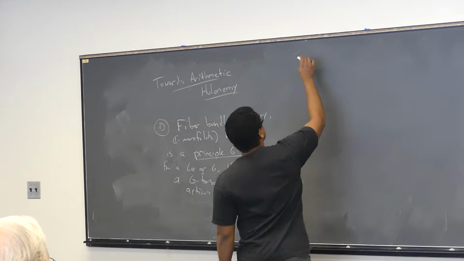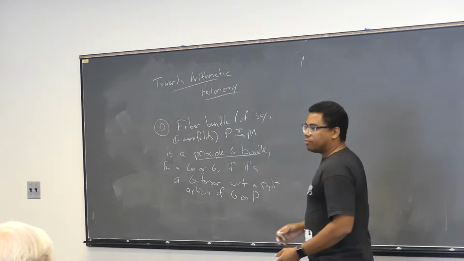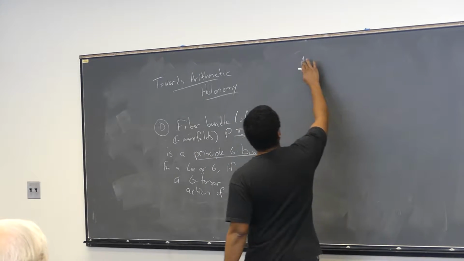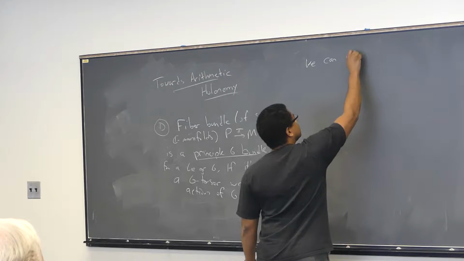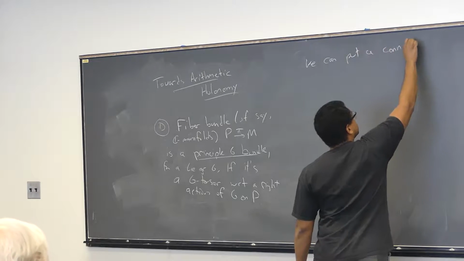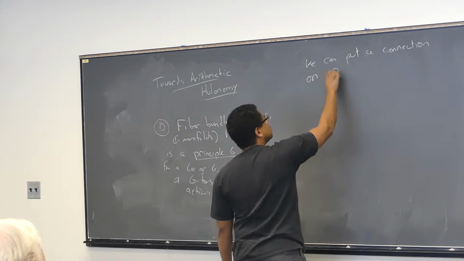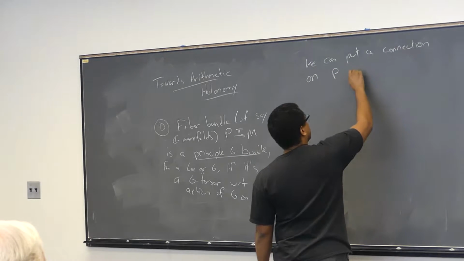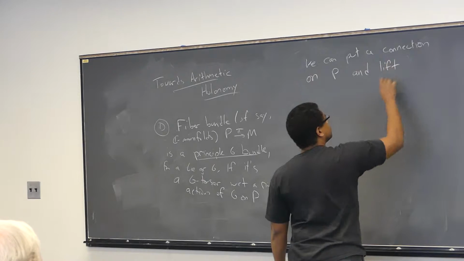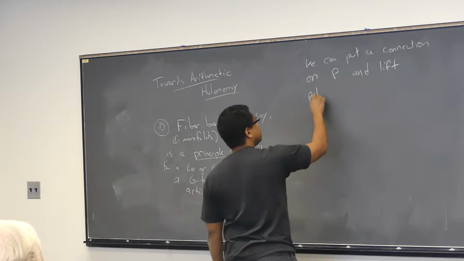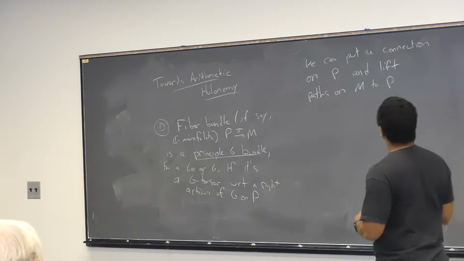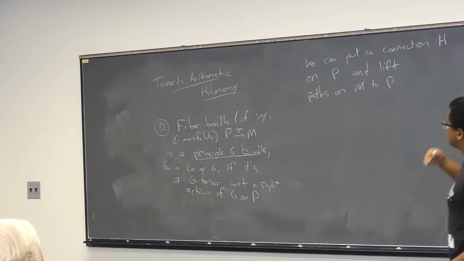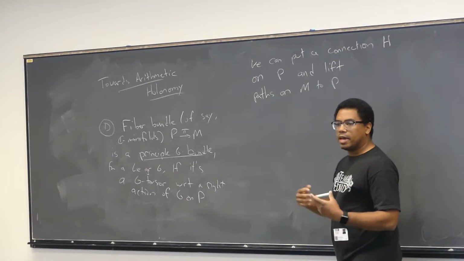Okay, and given a principal G bundle, or more generally a fiber bundle, we can put a connection on this, and perhaps I'll take this approach so we can put a connection on P, and lift paths. We have M here. So let's call it H. With this notation H, I'm allowing myself to define a connection in a geometric fashion.